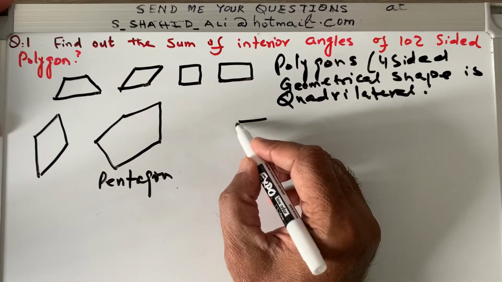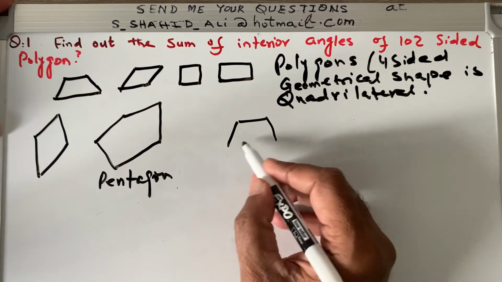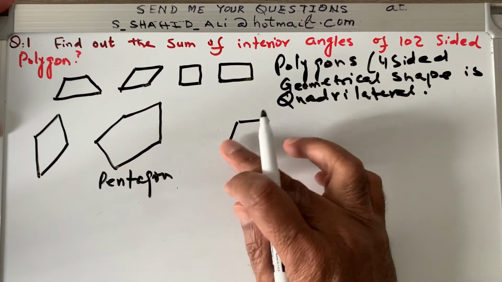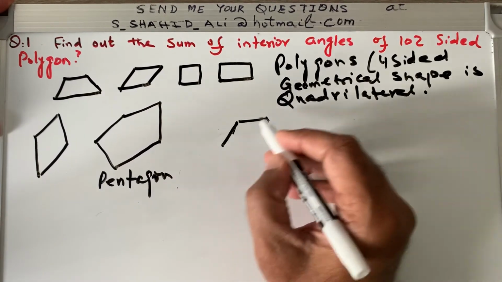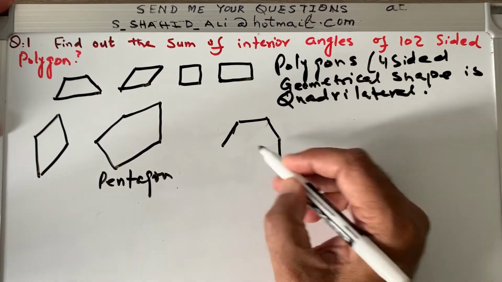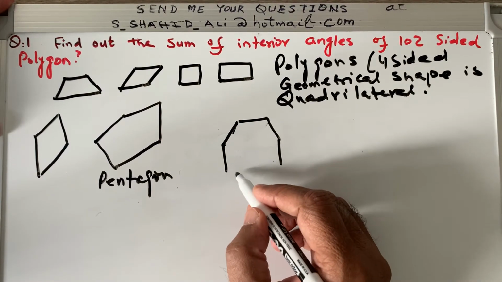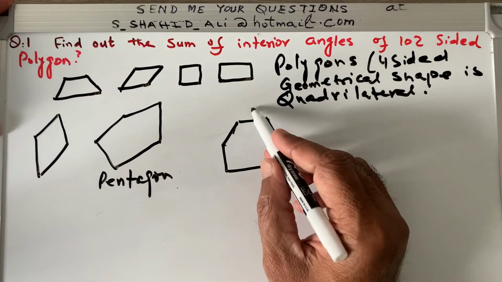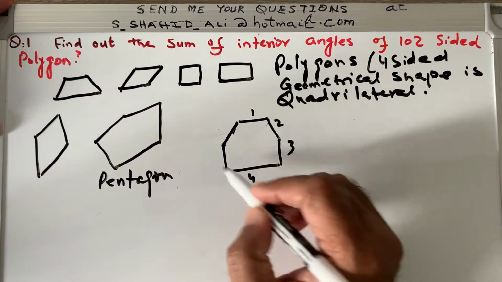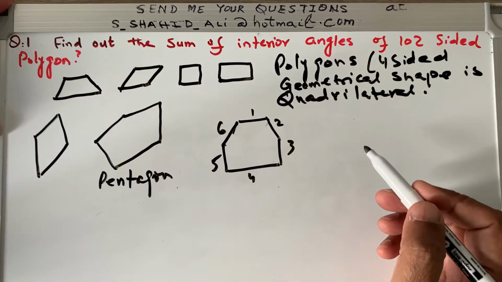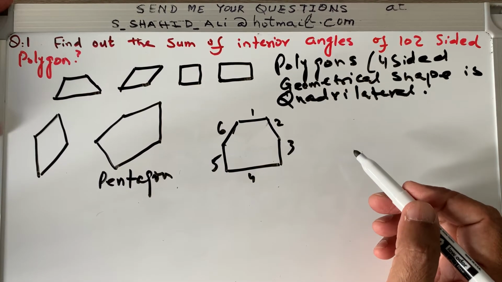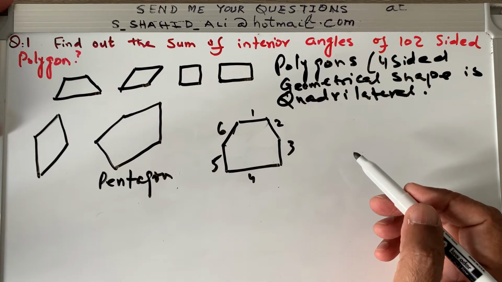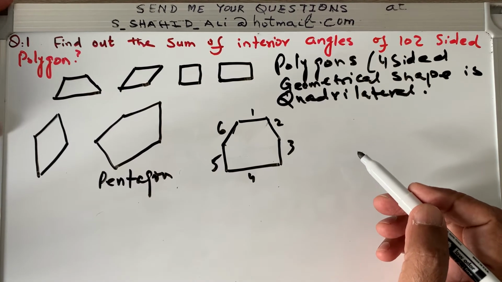So we have 1, 2, 3, 4, 5, 6. This is a hexagon, right?